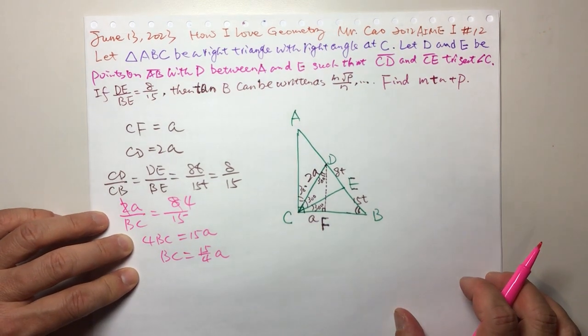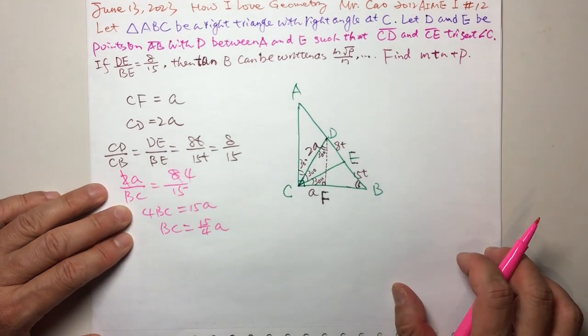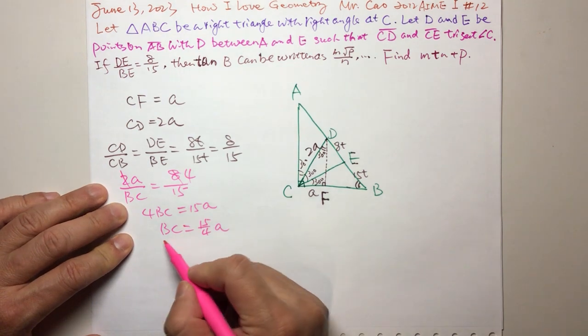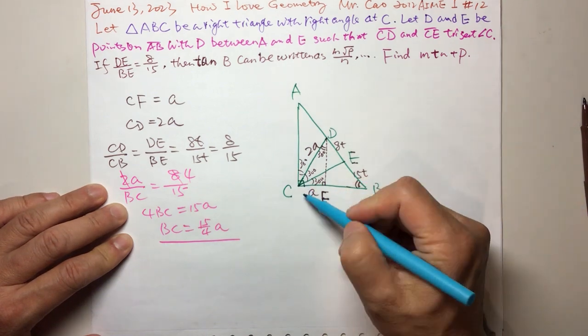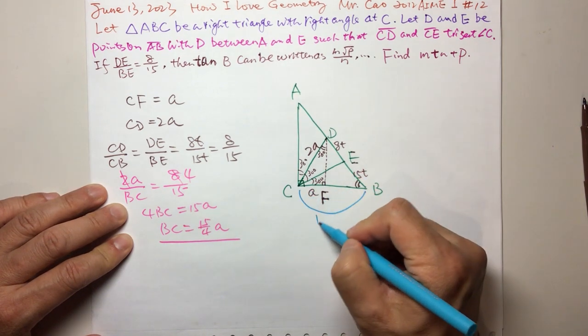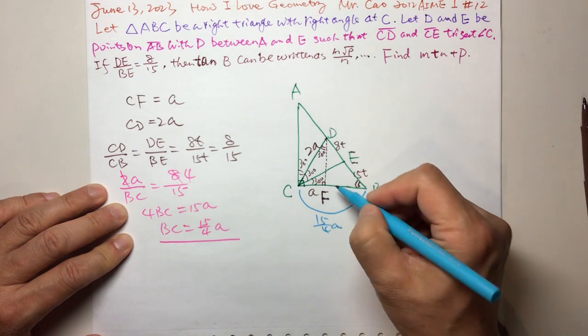So now the problem is almost solved. Why? BC equals 15 over 4 a.